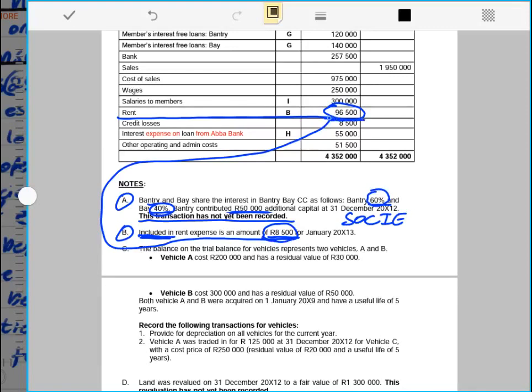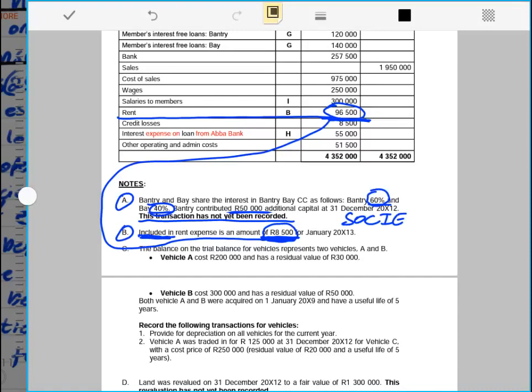Therefore, this 8,500 is for next year. And remember, in the income statement, we only record expenses that were supposed to be paid in the current financial year, as opposed to the one that was actually paid. So the fact that the close corporation has actually paid 96,500 means we have to subtract 8,500, because it is not for the current year but for next year.